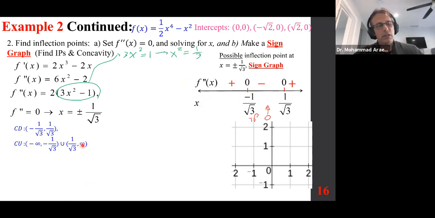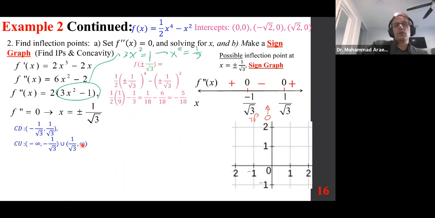Again, we need the decimal representation for the sake of graphing and pinpointing the pairs. Now, if we plug in, notice what happens. I want to quickly show you. Because the exponents are both even, positive or negative makes no difference. So let's plug in plus minus 1 over square root of 3.